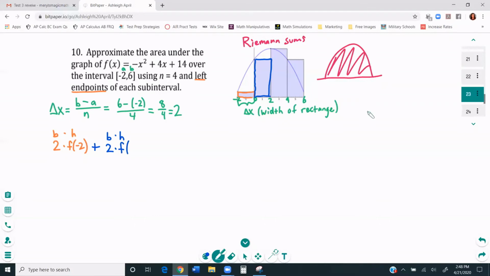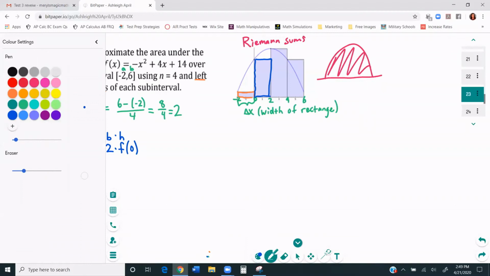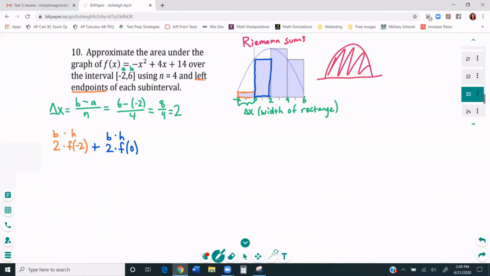The left between 0 and 2 would be 0. For the next one, between 2 and 4, the left would be 2. Exactly. We're going to plug that in and find what f of 2 and f of 0 are. Then plus 2 times f of 4.